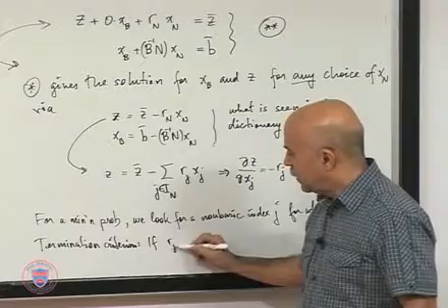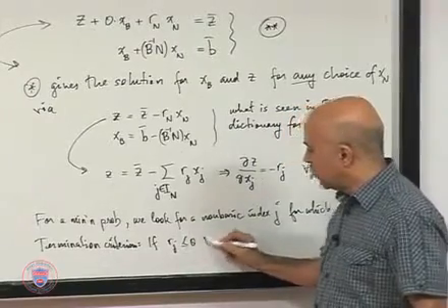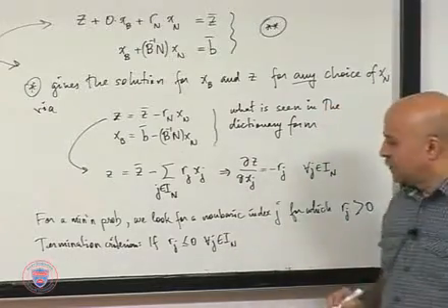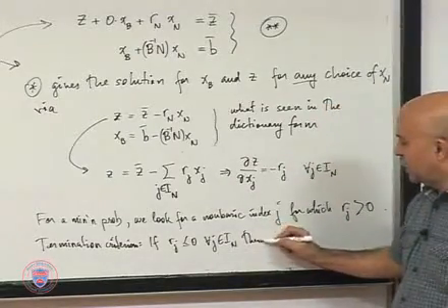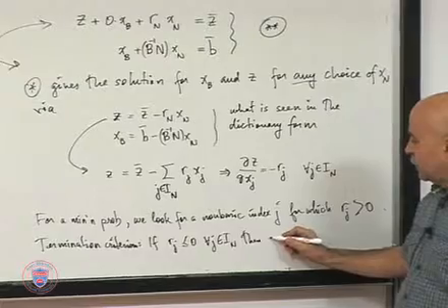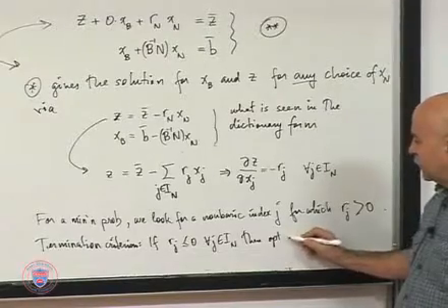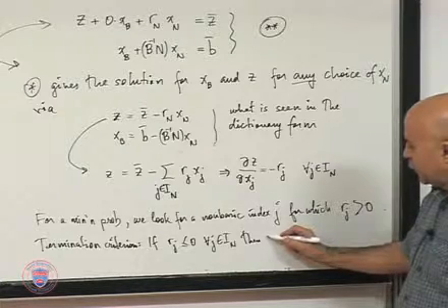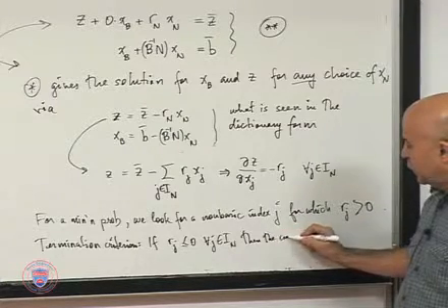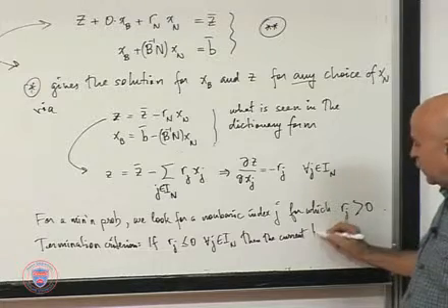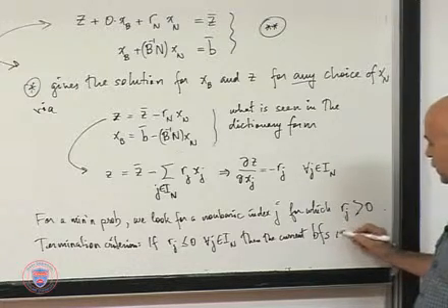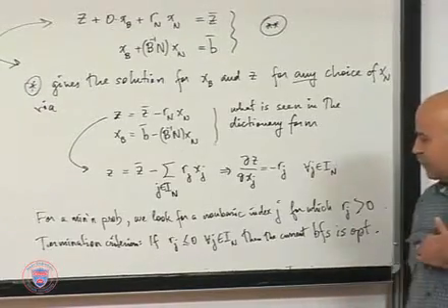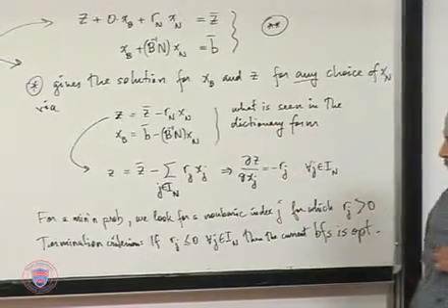If Rj is less than or equal to 0 for all j in the non-basic part, then the current basic feasible solution is optimal. This is for a minimization, okay?